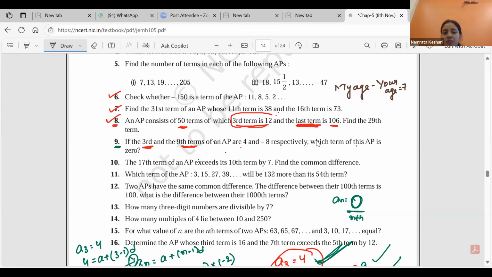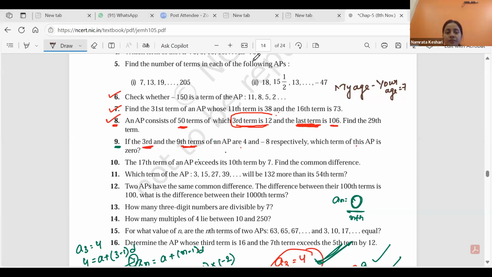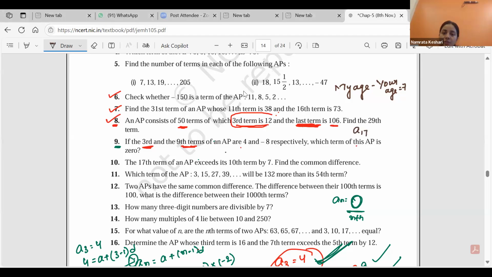Inan, are you there? Yes, ma'am. What do you want to say for this particular question number 10? Ma'am, so A17 is equal to A10 plus 7, right? The 17th term is bigger. Okay.